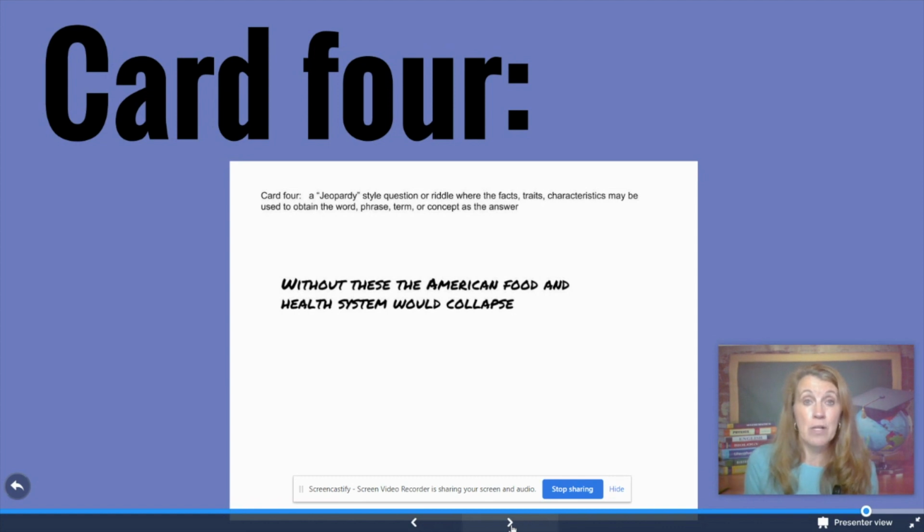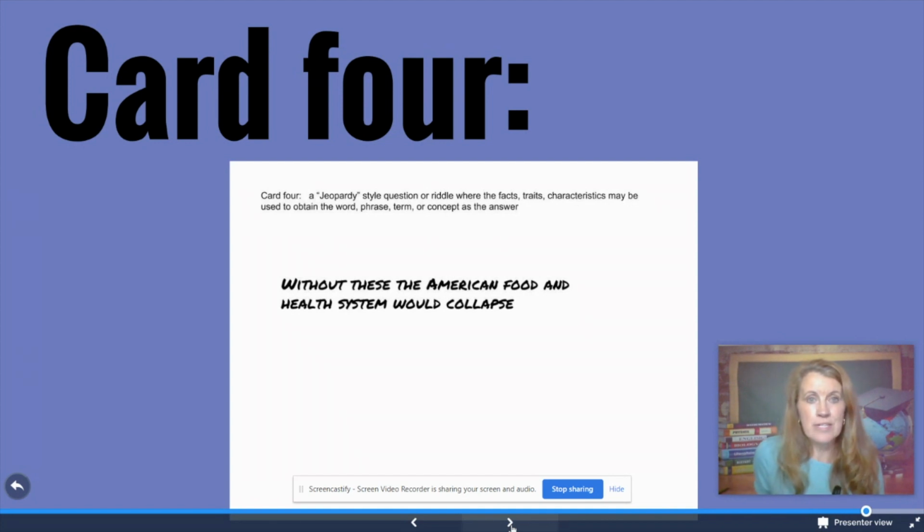So in this example, I have given a Jeopardy style question. Another thing you may want to think about is your students may not understand what a Jeopardy style question is. In other instances, when I introduce this strategy to my students, I allow them to give a hashtag they would put on a social media post without using the word in their hashtag.